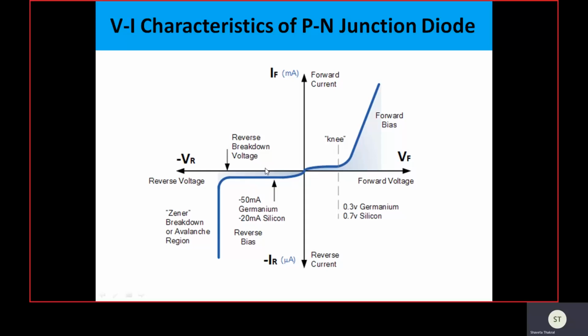At a constant temperature the minority charge carriers are constant, so the current due to them is also constant. But if we apply a very large reverse voltage, there will be breakdown of the junction and the current shoots up. So this is all about the VI characteristics of the PN junction diode.